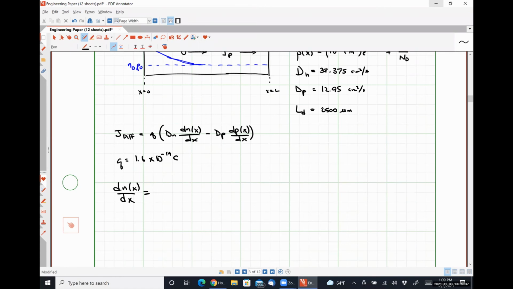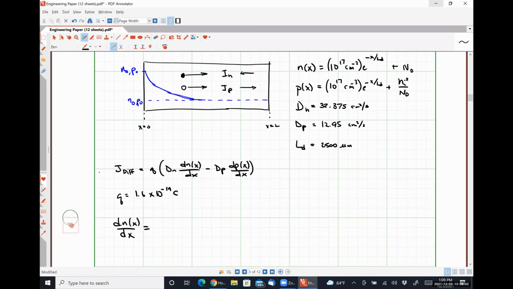Yeah, I just take the derivative of n as a function of x. So how do I do that? ND is constant, that will drop out. So when I take the derivative of n of x here, because this is an exponential function plus a constant kind of background carrier concentration level, this part goes away because the derivative of the constant portion is 0.